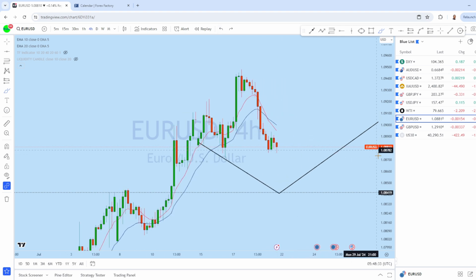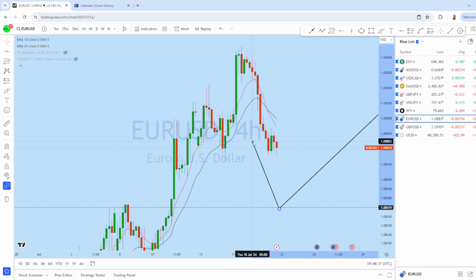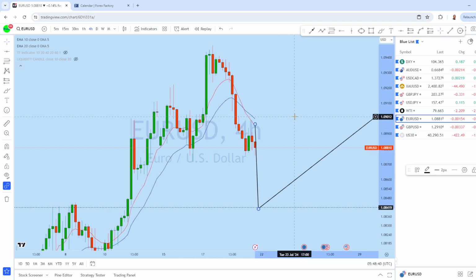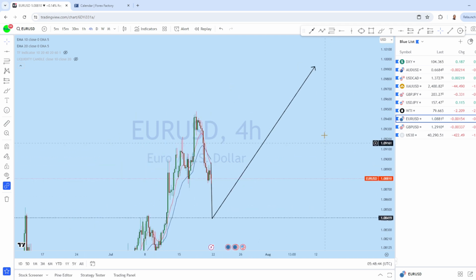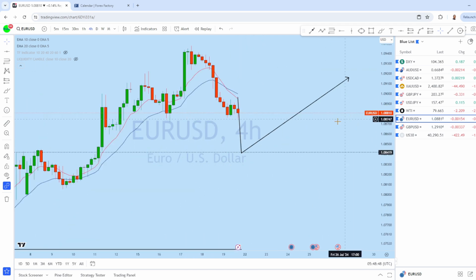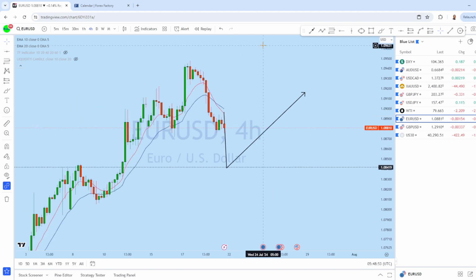So this week I will be waiting for an initial liquidity candle formation in this area, and then a drop down to this support level before it bounces back to the upside. So I think euro dollar this week might give us initially a selling opportunity and then a buying opportunity.